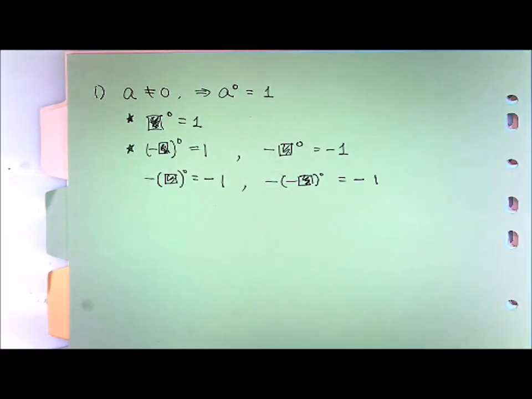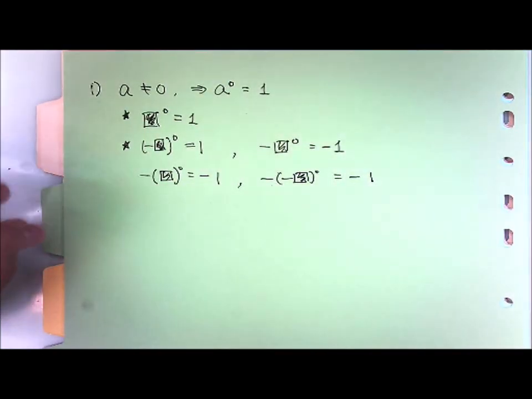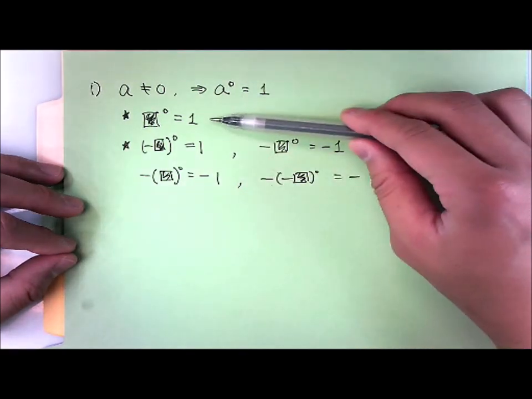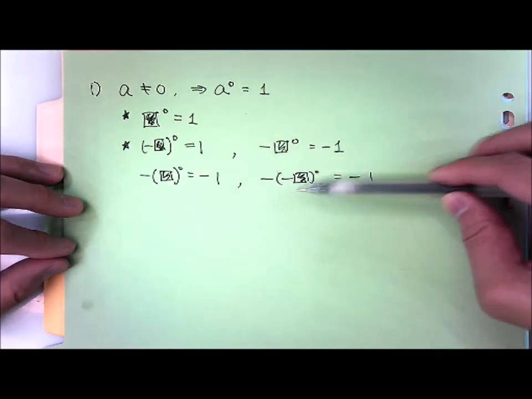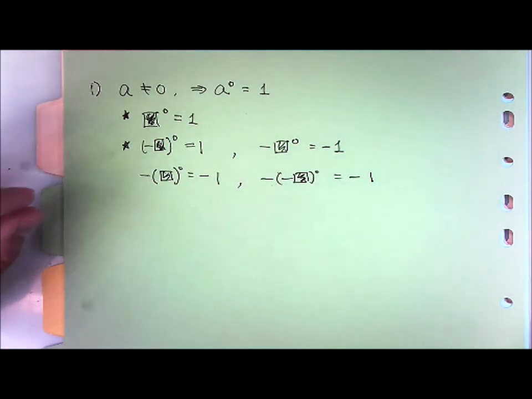So you have to be able to determine whether you have to keep the negative sign. This is very important. You not just learn this simple thing, but you can extend it to something like this. So this is the zero index.